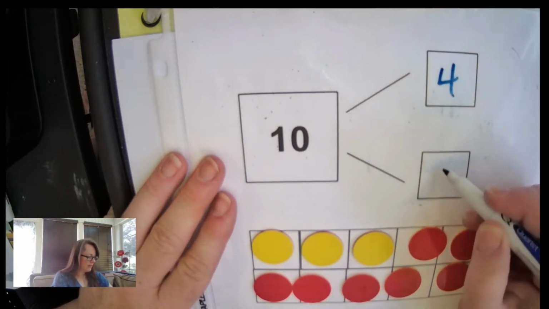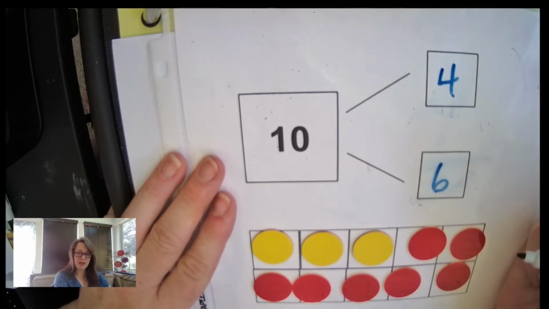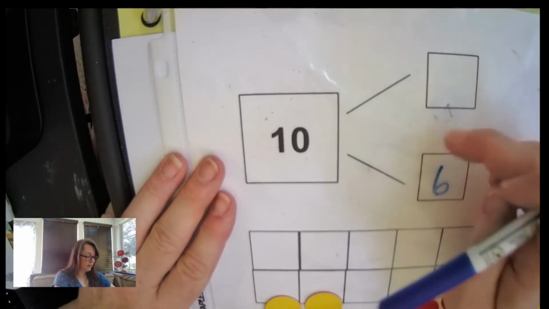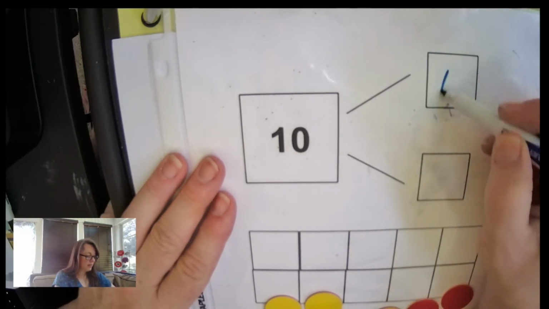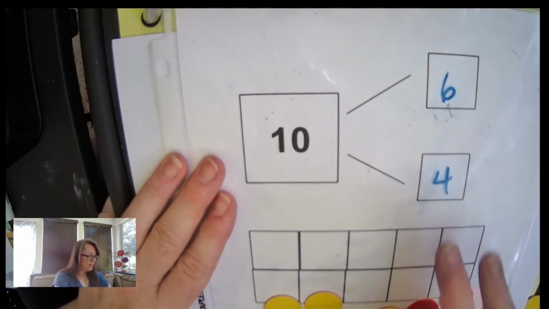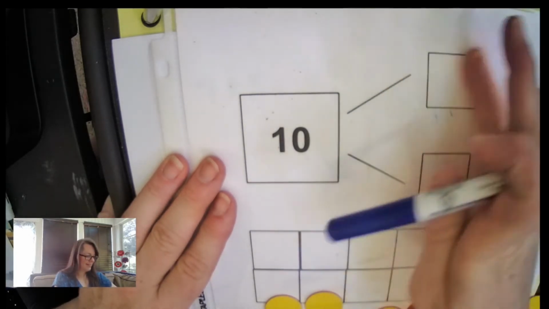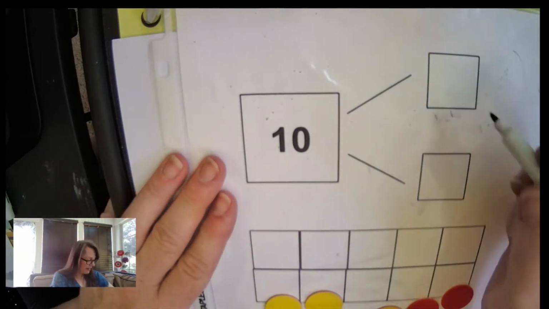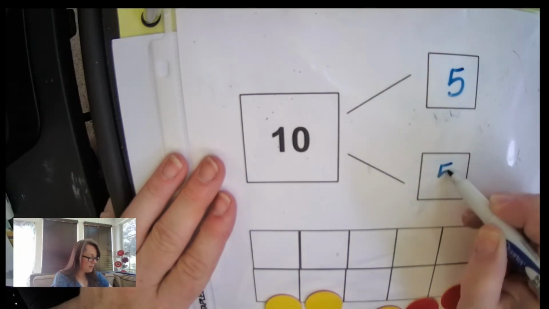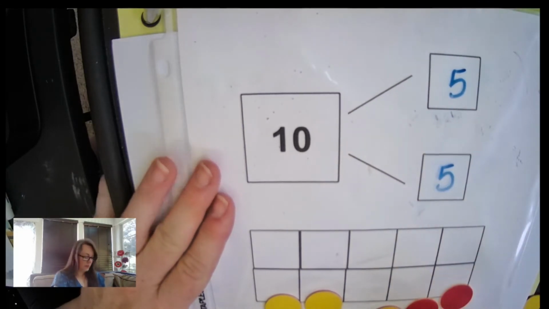4 plus 6. We could also say 6 plus 4. What's another one? Great. 5 and 5 also make 10.